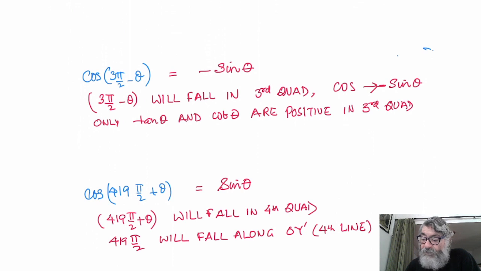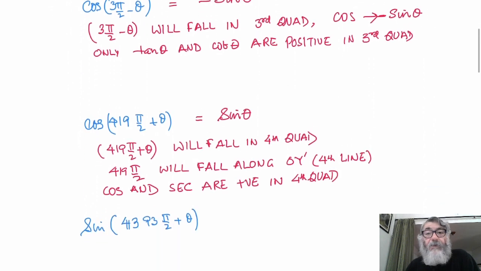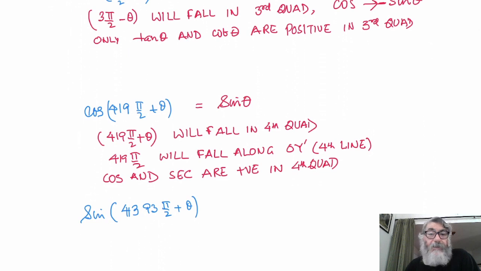Here it is cos, and cos and sec are positive in the fourth quad. That is why the answer is plus sine theta.